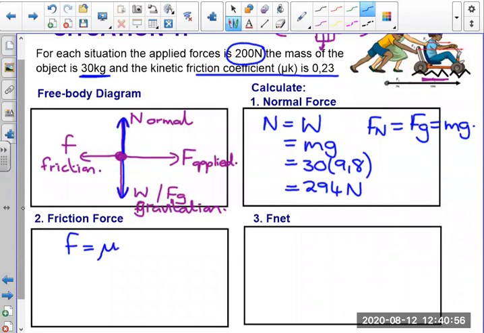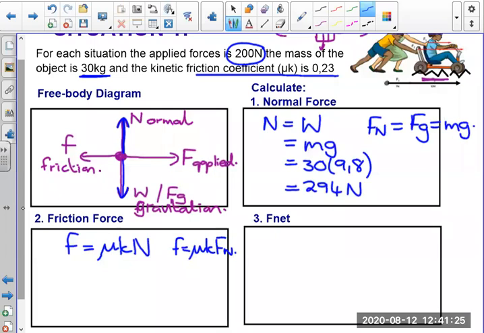So rather use just mu, although this object is moving, so we can use mu K for the moving of the object, and then F normal, so the normal force. On the information sheet, it will look like this, or they will say F equals mu K, and then F normal. Capital letter N is the same as the normal force.